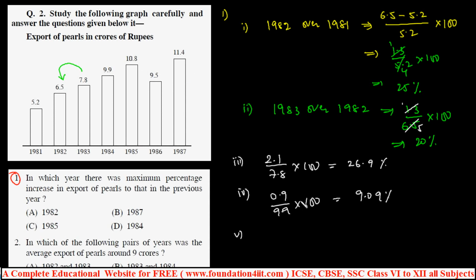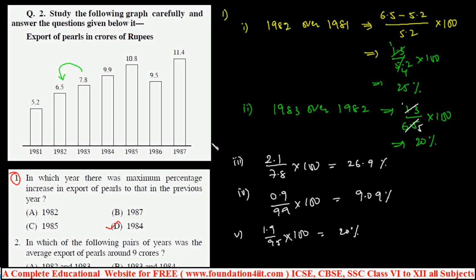Don't take it, only which is increasing. That means this also 1.9 by 9.5 into 100. Calculate this, 20%. So the maximum percentage increase in the export was in the year 1984, 26.9. So option D.